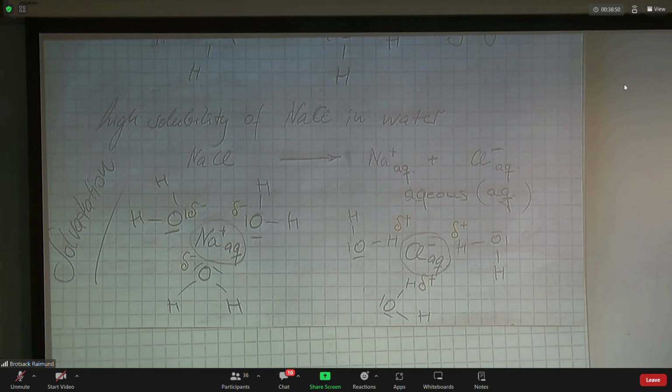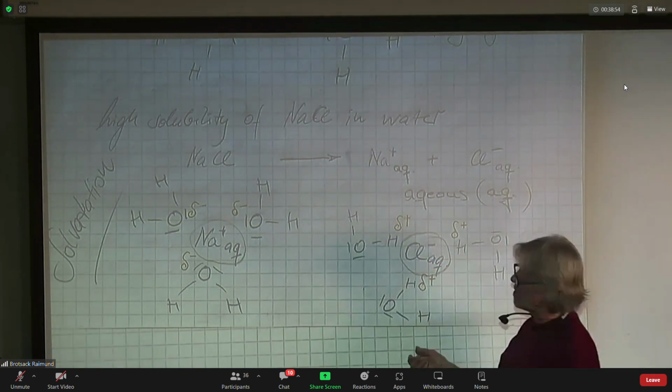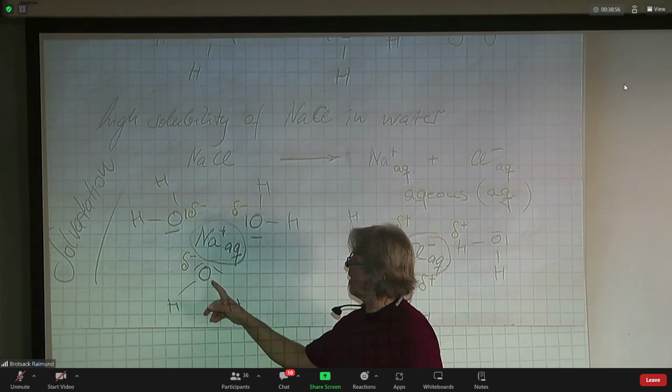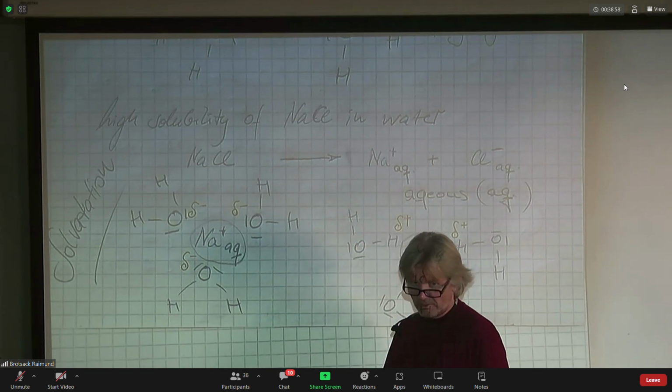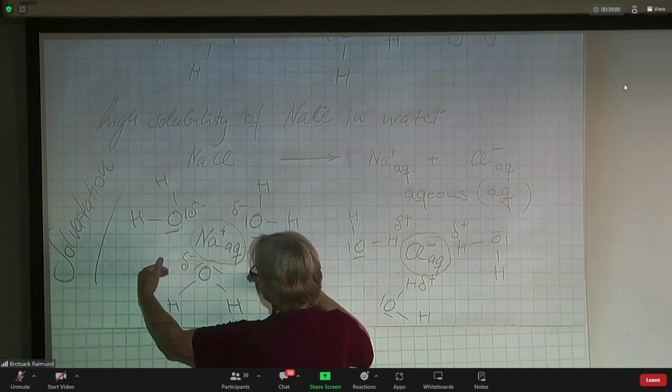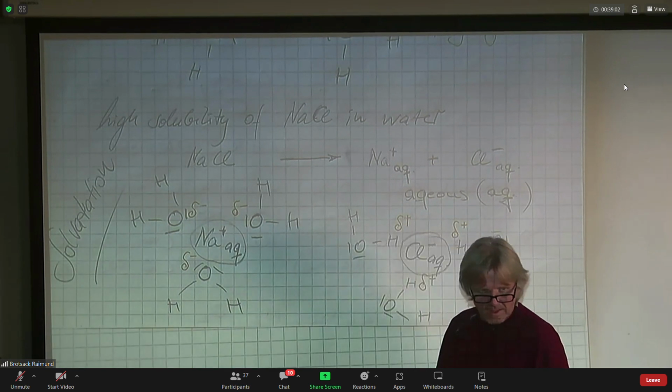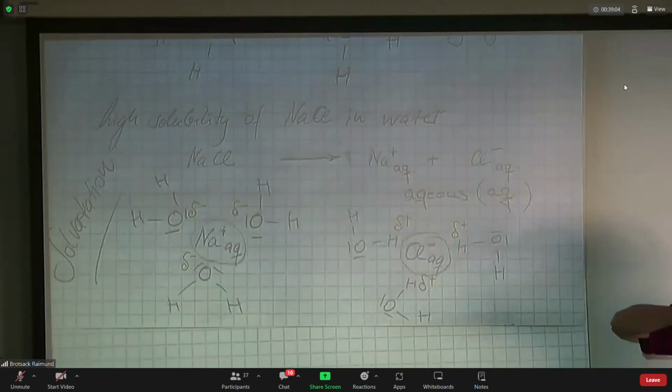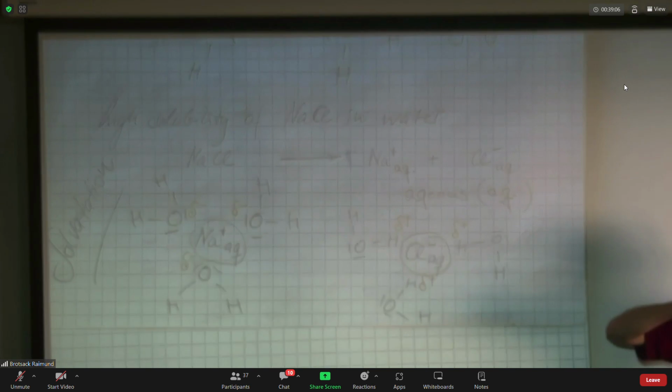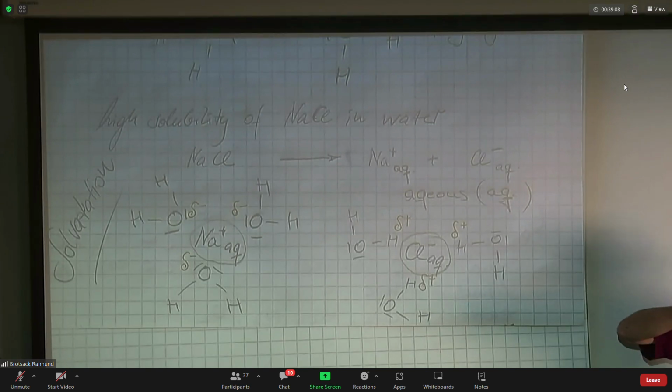Important for having this type of dipole is additionally the angular structure of the molecule, because if it were linear, it wouldn't be a dipole, because then we have the oxygen in the middle, and of course the negative partial charge will be in the middle, but it's not a dipole. It's not separated into directions.